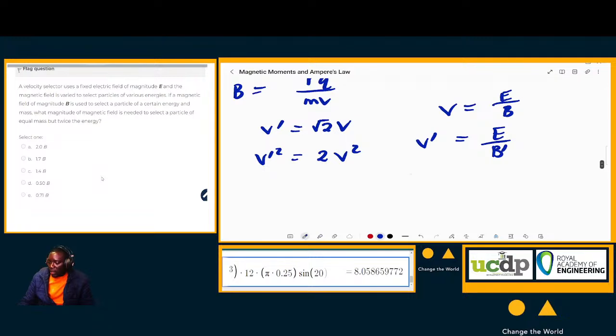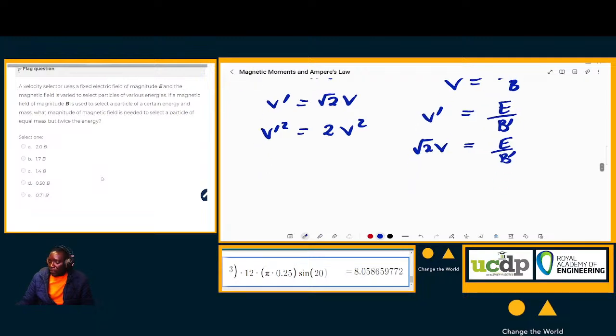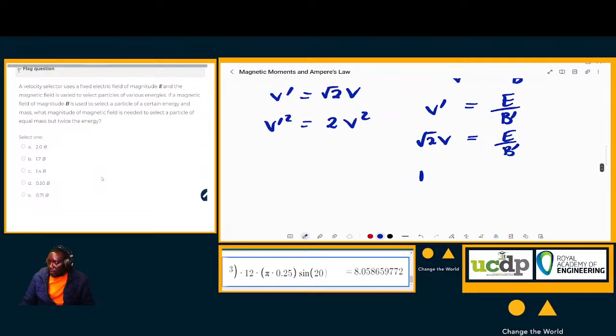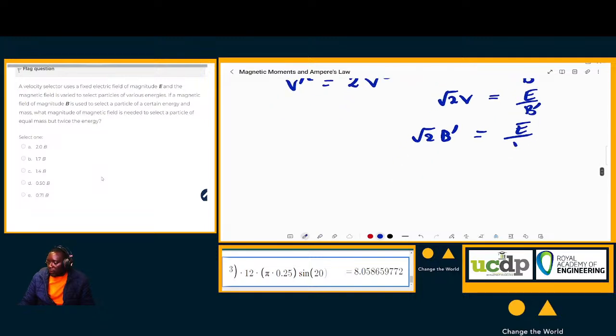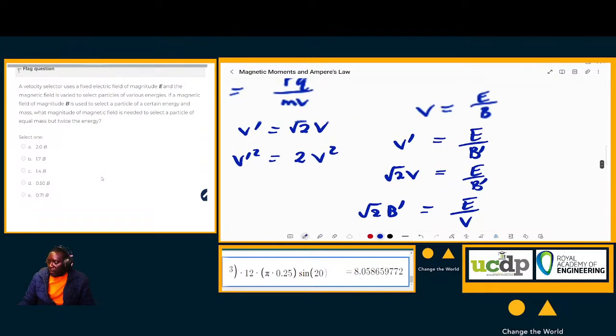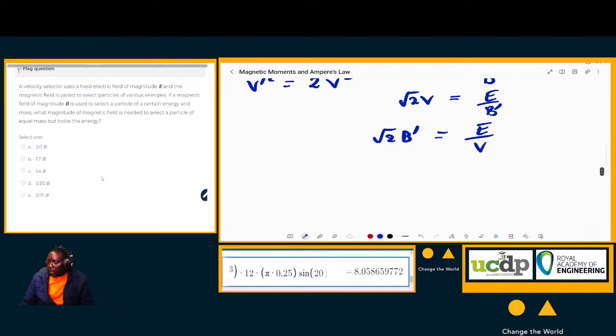And this V primer is root 2V, which is equal to E over B primer. So making B primer the subject, root 2 times B primer equals E over V, where E over V is simply B. So the new B is equal to B over root 2.